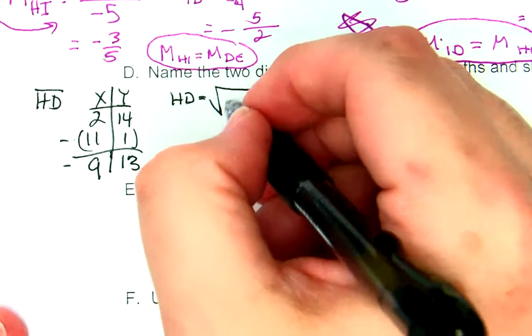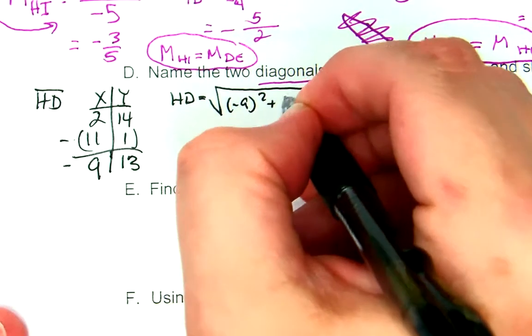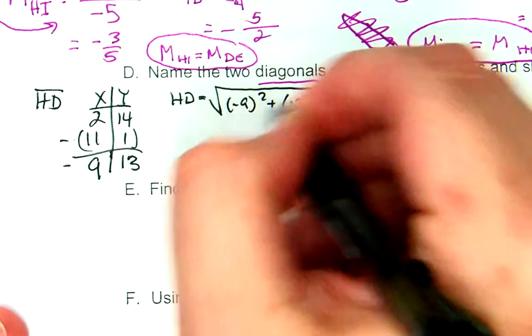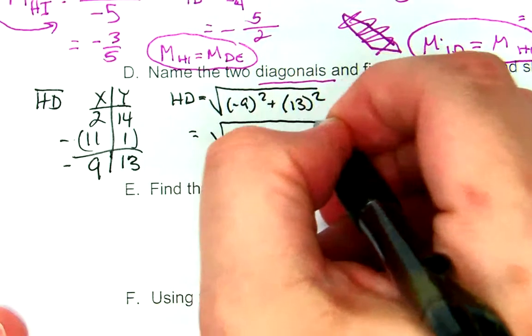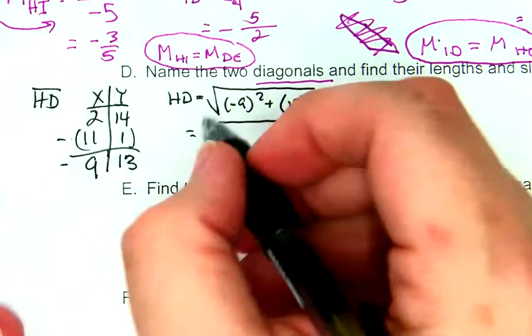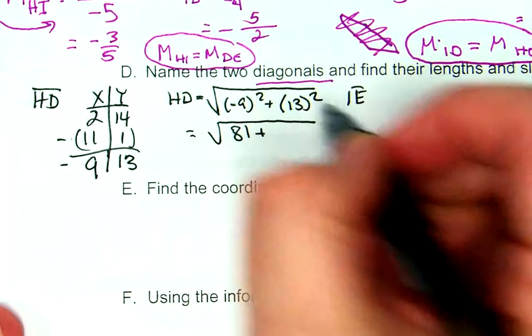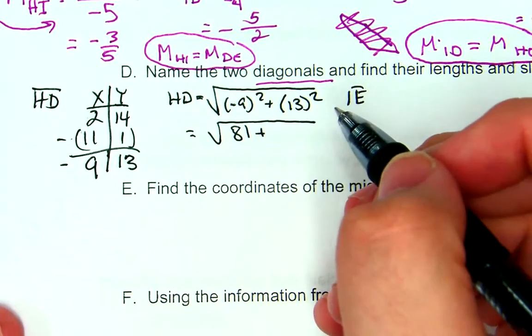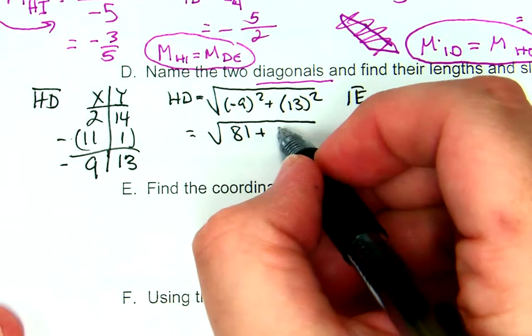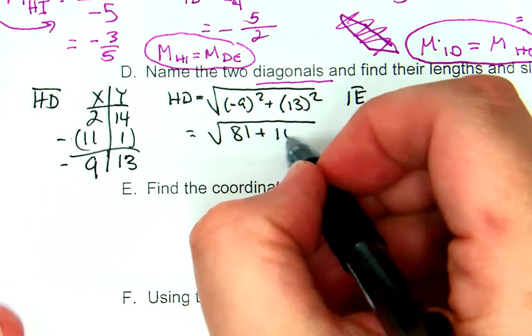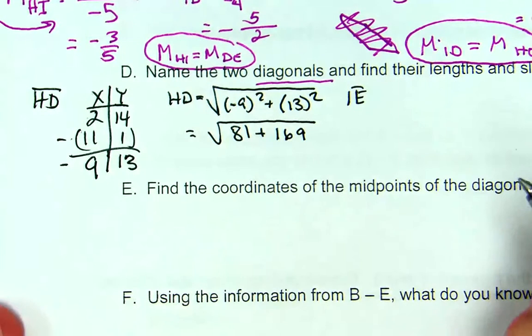So HD is the square root of negative 9 squared plus 13 squared. Negative 9 squared is 81, plus 13 squared is 169.